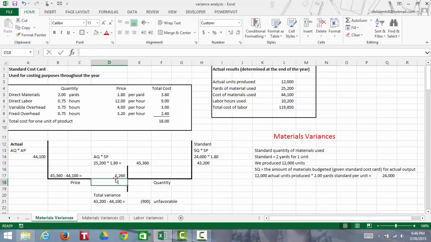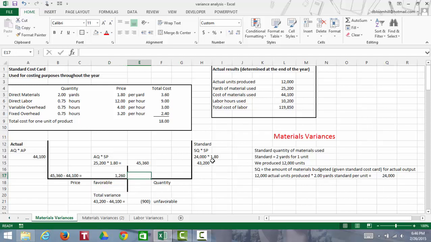Notice that that number is positive. Whenever you compare any two numbers, the one on the right is your budget, the one on the left is your actual. So in this case, our plan was 45,360, and we came in at 44,100. So in terms of price, this is a favorable price variance.